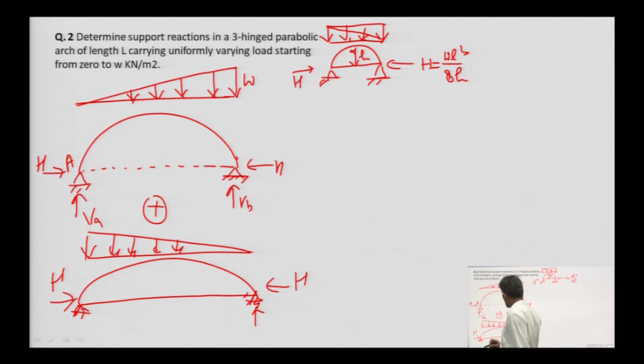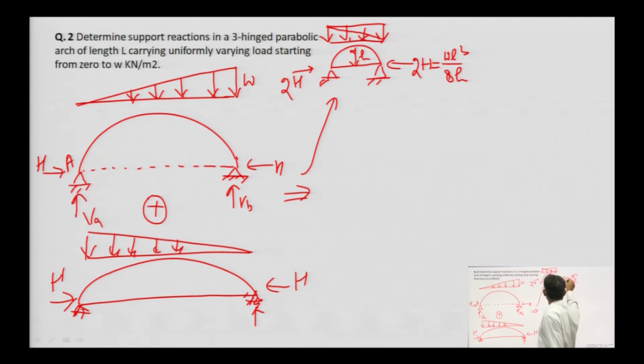So, if we add these two diagrams, then what do we get? We will get this one, and h will now be 2h. Say the vertical reactions are VA dash, VB dash, and here VA double dash and VB double dash.